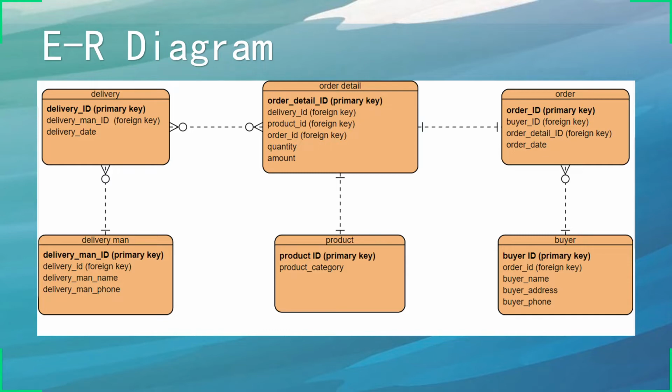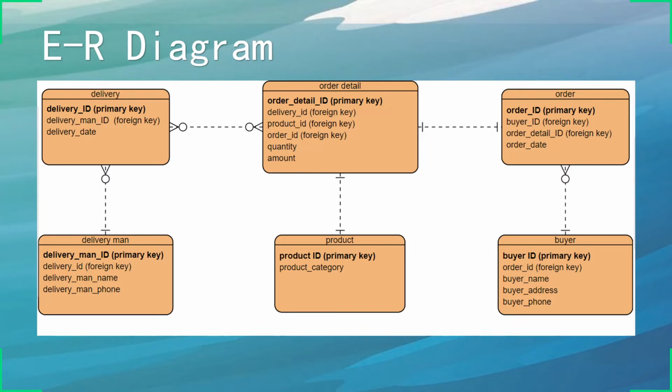The order detail table has the amount of the order and the quantity, and is connected with many foreign keys such as delivery ID, product ID, order ID. The product table also has a one-to-one relationship with the order detail table, because one of our products only corresponds to one order detail.